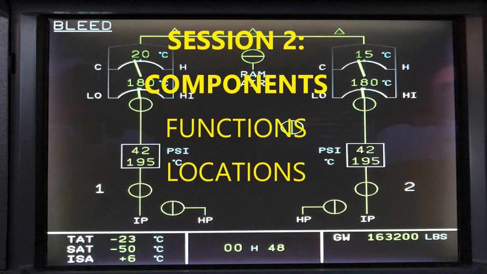When you have an engine fire or engine bleed push button switches activated, then the PRV is going to be in the closed position. So that's what it's doing, regulating that temperature and just regulating the pressure.